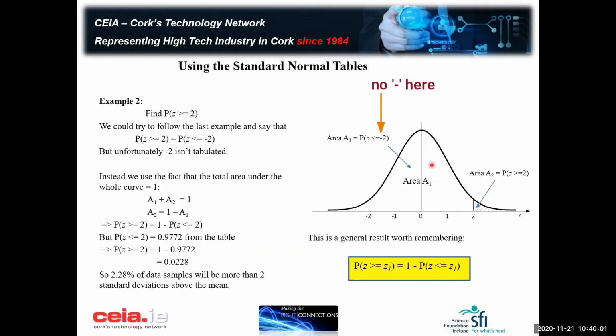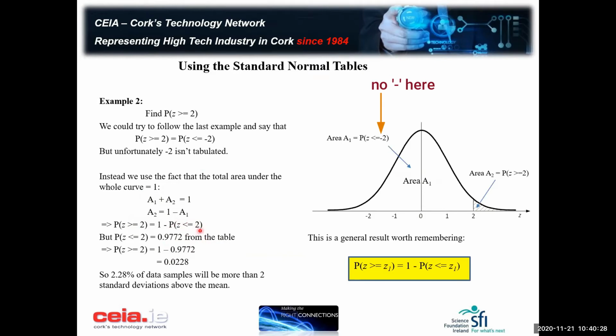So what we do is use the fact that this area A1 plus this area A2 add up to 1. So the desired area A2 is 1 minus A1, which means that the probability that Z is greater than or equal to 2 is equal to 1 minus the probability that Z is less than or equal to 2.